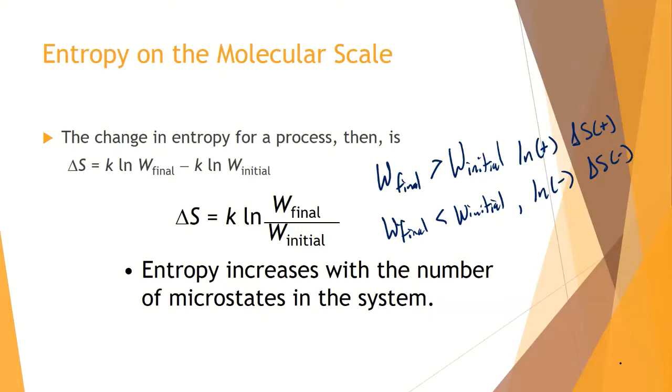So the more microstates are created, the more our entropy change is going to be positive. And so this provides us that second piece of the puzzle.